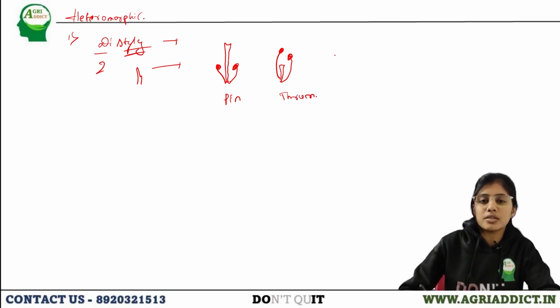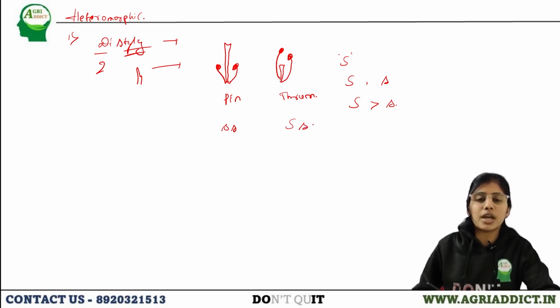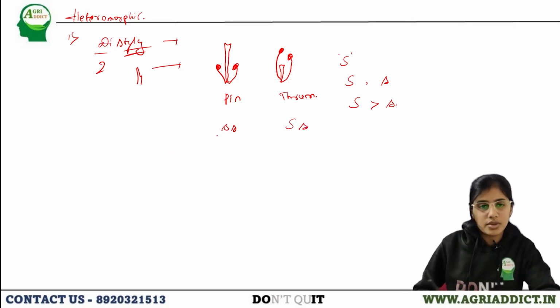This mechanism is controlled by the S gene, which has S and s alleles. Usually S is dominant to s. So pin is controlled by small s, small s. Thrum is controlled by the heterozygous condition, capital S and small s. If we look into the fertilization, what happens? Let us take pin into pin, that is small s small s into small s small s.